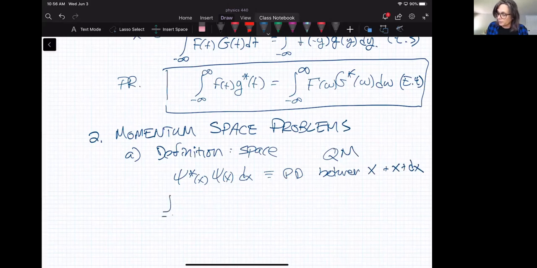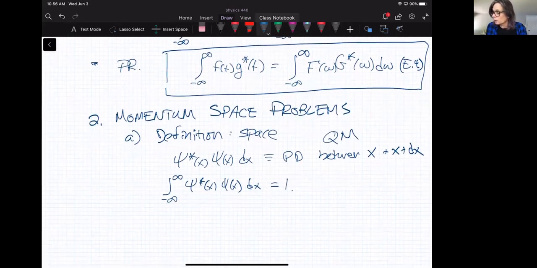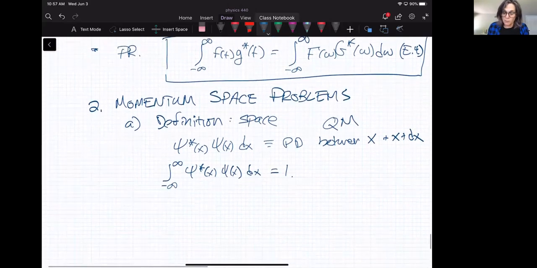We also know that the integral from minus infinity to infinity of psi star of x, psi of x, this starts to look an awful lot like the Parseval relation, right? We know that this is equal to 1, or we hope that it's equal to 1, right? If it's properly normalized.